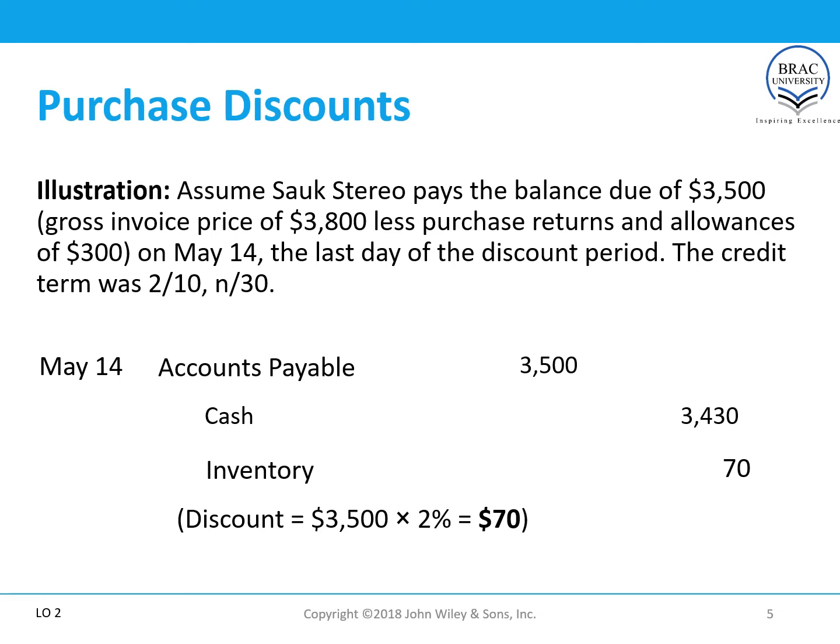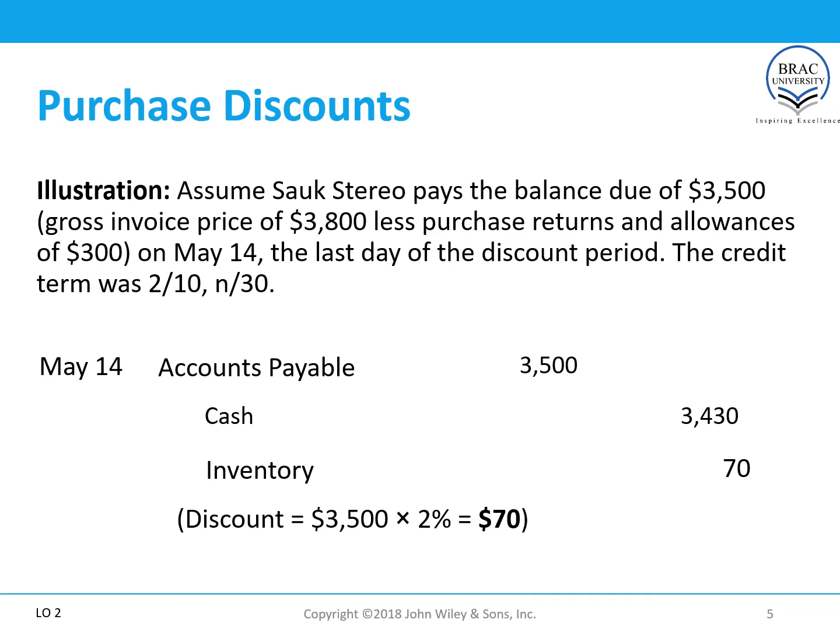This is because companies record inventory at cost, and by paying within the discount period, the buyer has reduced its cost. So the amount of discount that is given to a purchaser reduces the amount of inventory that was initially recorded as the cost of inventory.